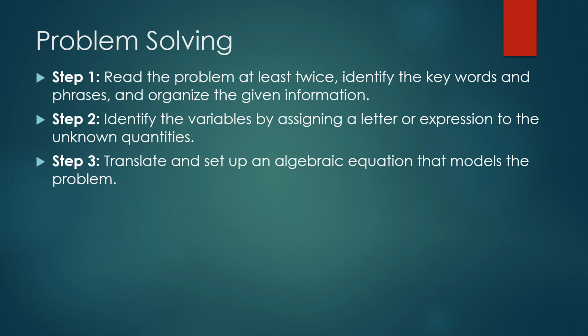Step 3 is to translate or set up an algebraic equation that models the problem. You want to be able to write an equation that talks about the relationship between what you know and what you don't know. So for example, if I know that I have a sum, but I don't know what I'm adding together, I can at least write x plus y equals whatever the total sum is.